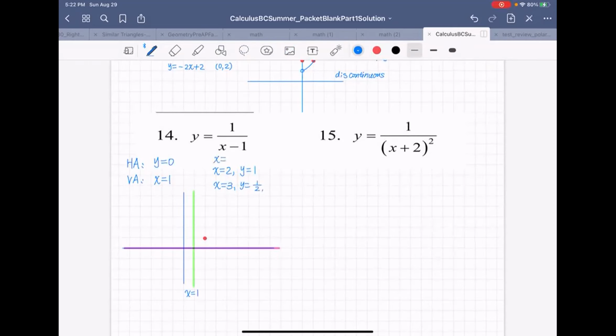X equals 1.5, it's 2. There you go. So we have another 2 points. One is here, one is here, correct? Right. Okay. Now we can draw.